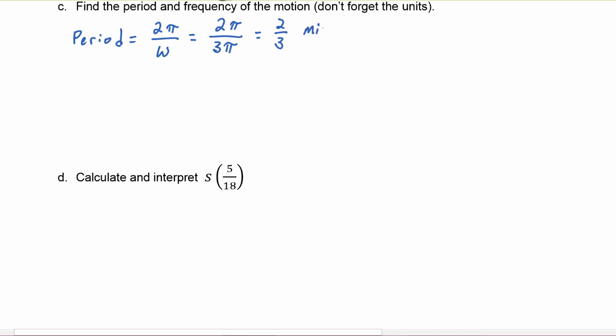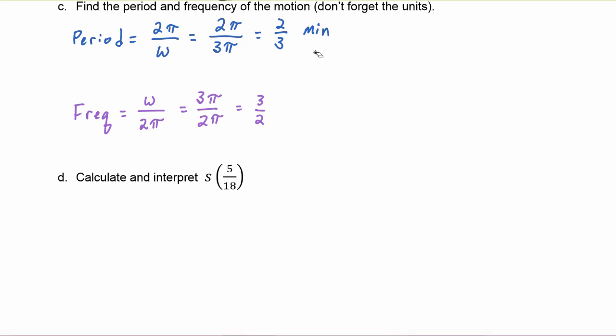We know the units are minutes. Now the frequency, we could do omega over 2 pi. We get 3 pi over 2 pi is equal to 3/2. And remember the units now.